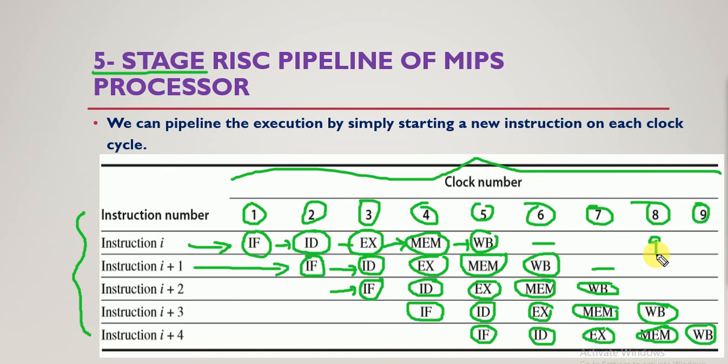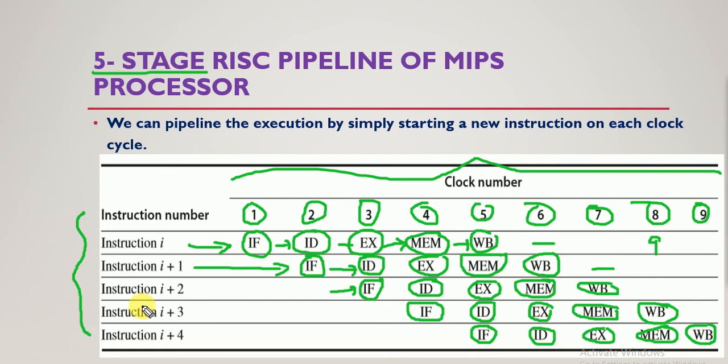Normally the clock cycle is given as 1 nanosecond, which is considered as 1 clock cycle, but whatever it be, we can take any dimension just for understanding. So 9 clock cycles are taken for the completion of 5 instructions.